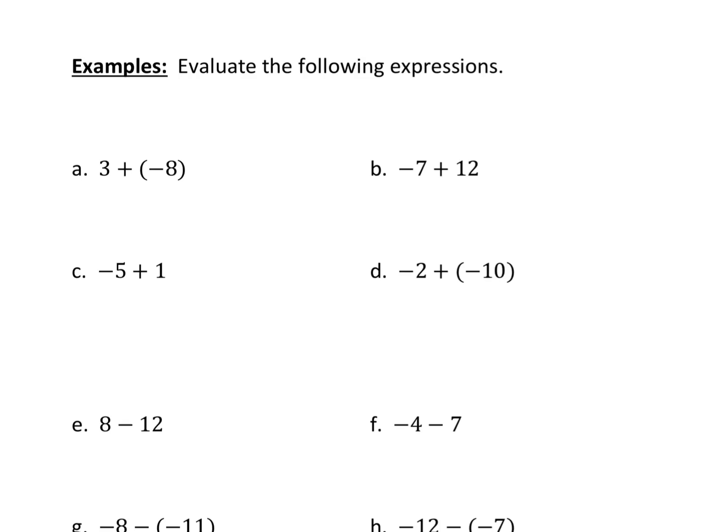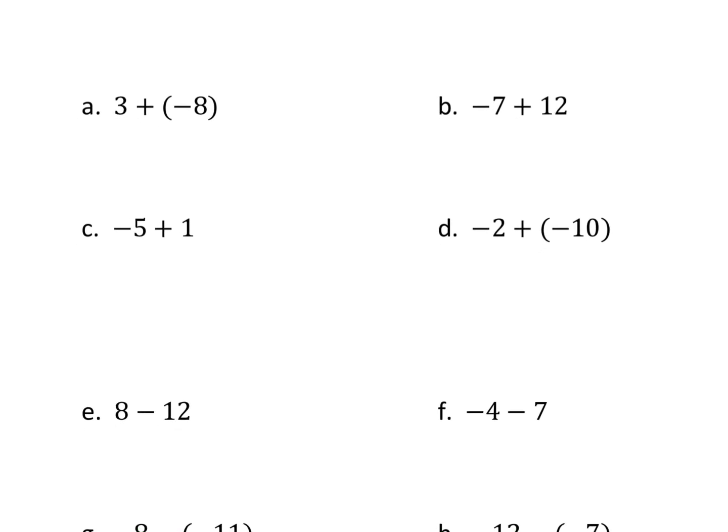All right, if we go ahead and look at the following examples, we have 3 plus negative 8. When we look at this, we're seeing this is an addition problem. And so we want to think, do we have same signs or different signs? Here we have a positive number combined with a negative number.